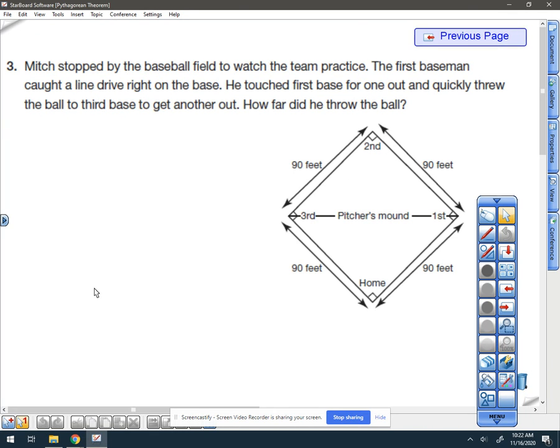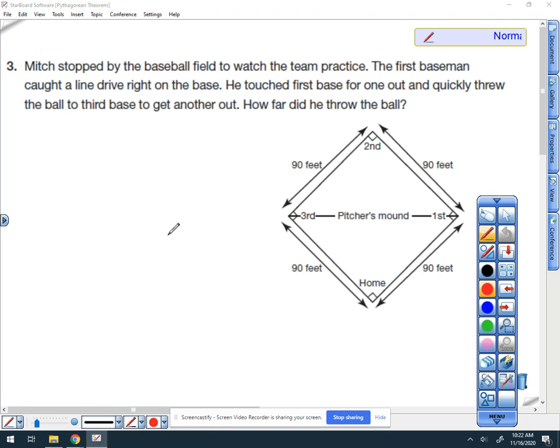So if you feel like, okay, I still need to keep watching, I'm still trying to get it, watch the rest of the video. We'll go through 3 more problems together, finding the hypotenuse. If you feel like you've got it, you're good. You can stop the video and go work on your assignments. If you need to come back and watch the end of it, that's fine. Your choice. It's up to you. But those that do want some extra help, let's look at it.